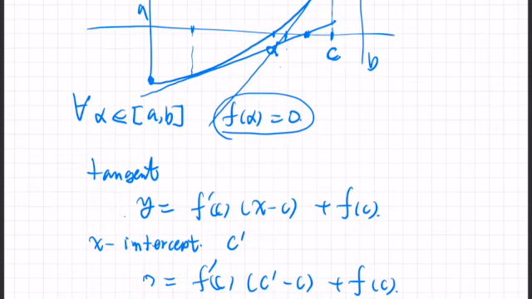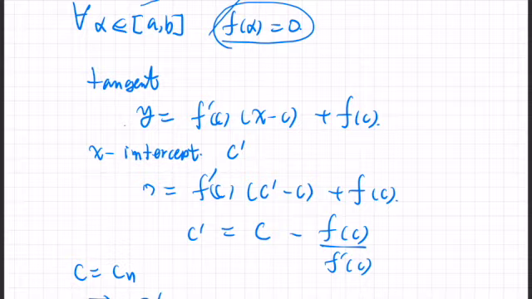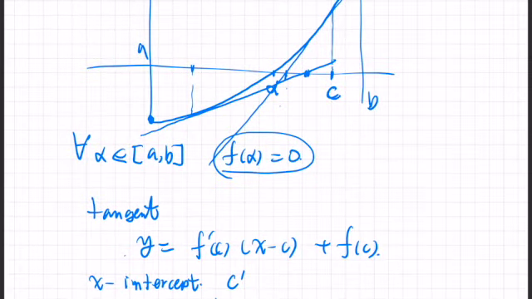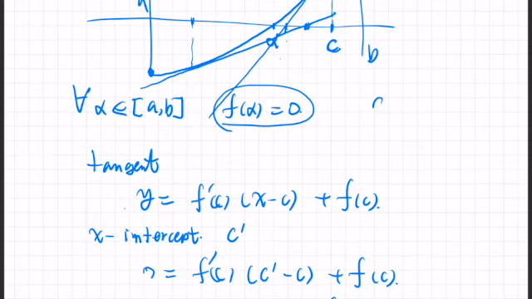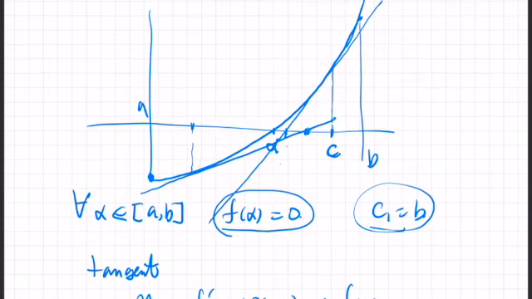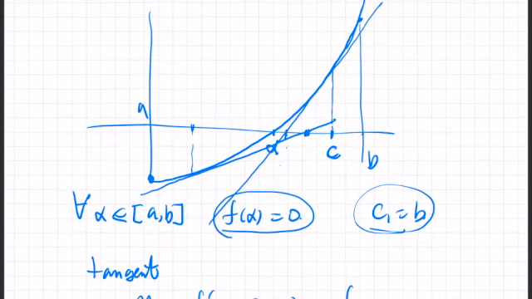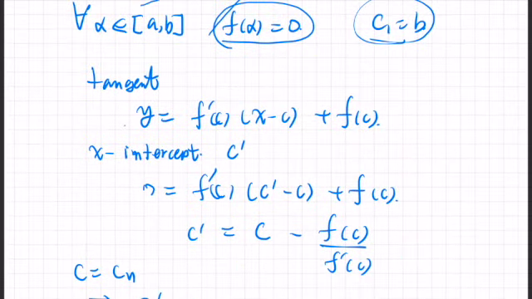So we may assume that Cn, since we are starting from B, where C1 is equal to B, this is the starting point, this sequence value is always greater than alpha. So this means this sequence is bounded below.